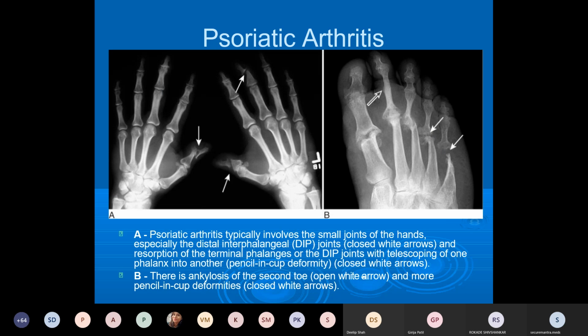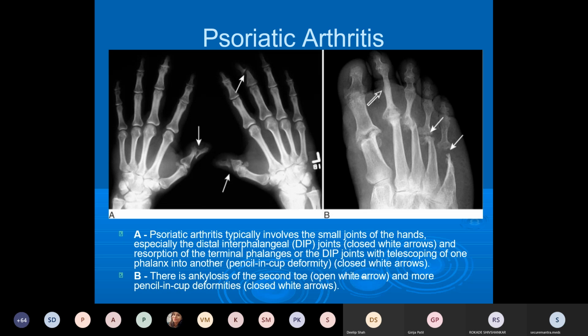Next is psoriatic arthritis, and typically it involves the small joints of the hand, especially the distal interphalangeal joint. So this is the distal interphalangeal joint, and there will be resorption of terminal phalanges. So the tip of this phalanx is very small, and there will be erosions and resorption of terminal phalanges with telescoping of one phalanx into another, which is called a pencil-in-cup deformity.